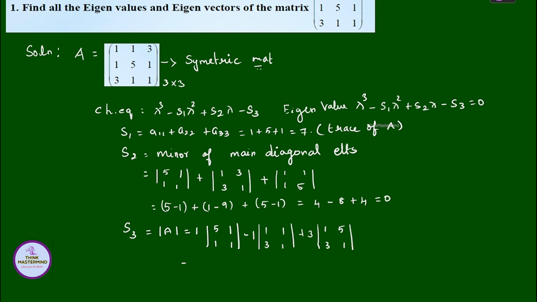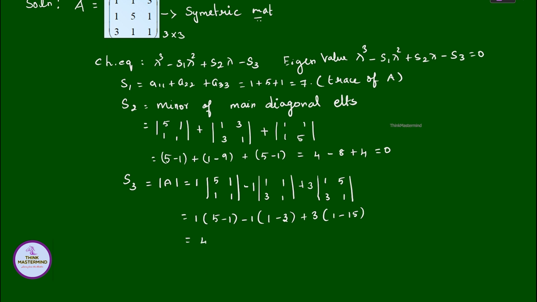That is equal to 1 into 5 minus 1, minus 1 into 1 minus 3, plus 3 into 1 minus 15, that is equal to 4 minus 1 into minus 2, that is minus 2 into minus 1 plus 2, plus 3 into minus 14, that is equal to 6 minus 42, that is equal to minus 36.